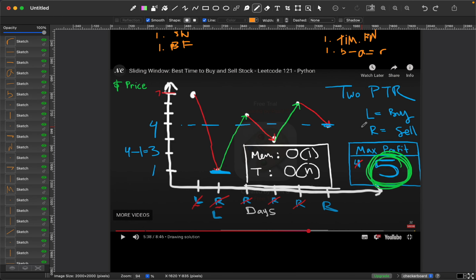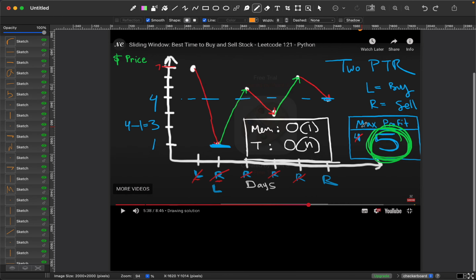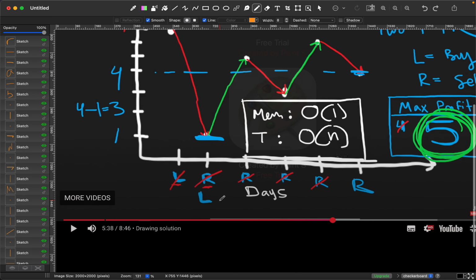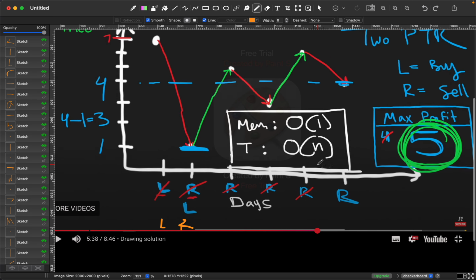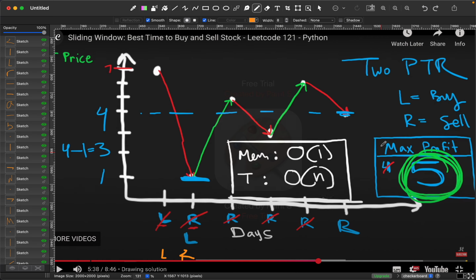So what we do here is, from the very get-go, we straight away establish my L and R, and obviously we want the highest amount, so we have max profit.